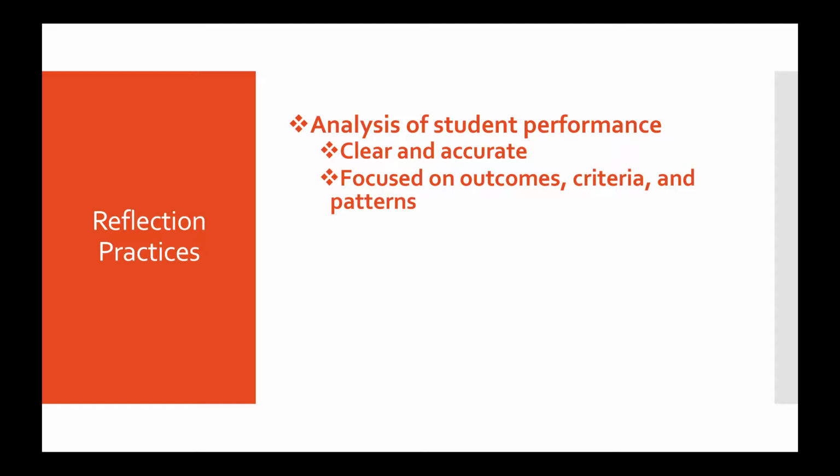You may also want to break this down further by subgroups. For example, your English language learners, your students with special needs, your gifted students, as well as your school-challenged students, or students that we typically refer to as at risk. And you may even want to go further to examine individual student scores and performance. Once this analysis is complete, you will then be in a better position to plan next steps.